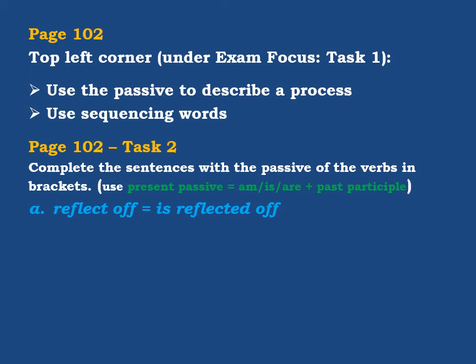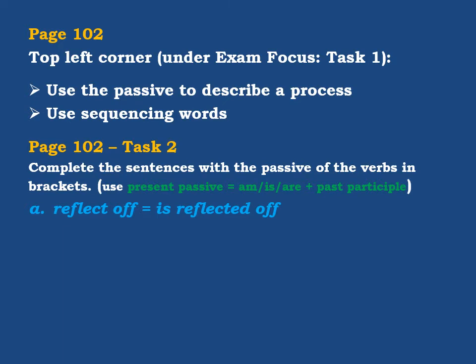Okay. Now, what is the present, the first part of the present passive, which is the verb to be in the present form? Because again, if you look at the screen, the auxiliary verbs used, am, is, are, the present forms of the verb to be. Okay, so what is the verb to be used here?